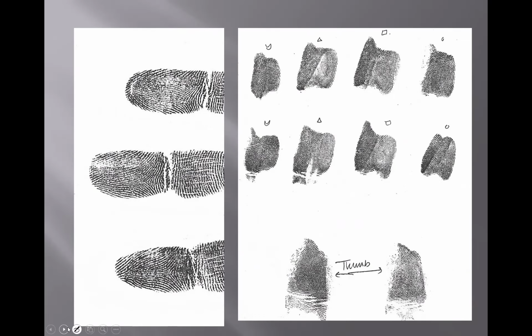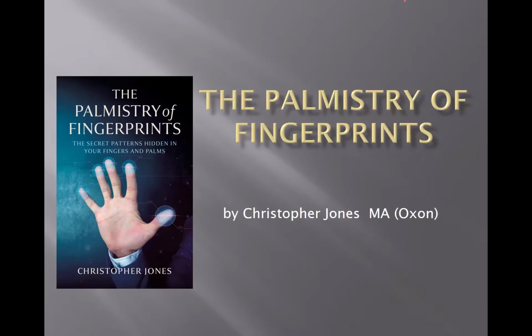So if you ever find ridges off the end syndrome, know that you found a very, very peculiar and unusual fingerprint pattern indeed. All right, so that covers the anomalies within the fingerprints that we can find that take up the last 1%.